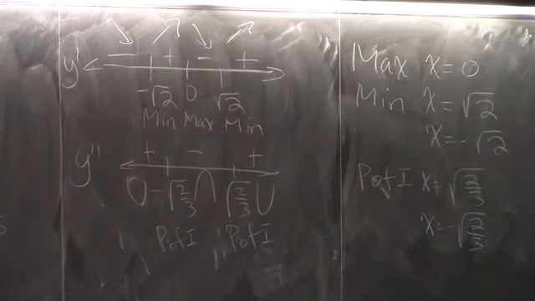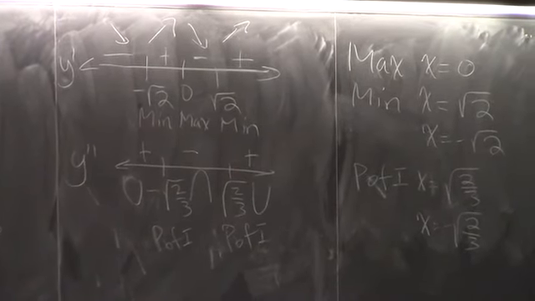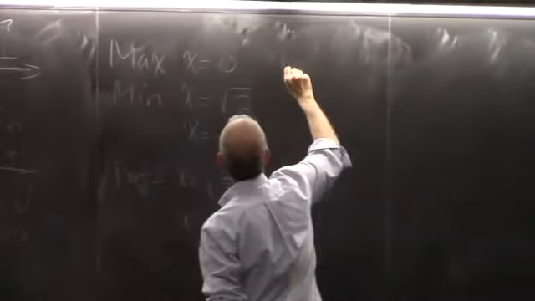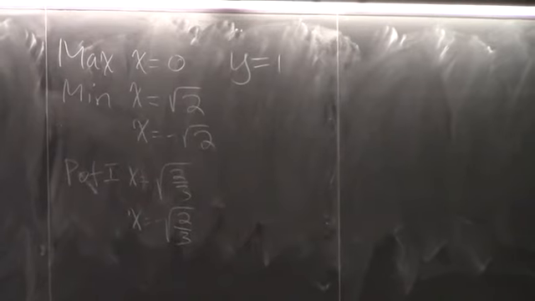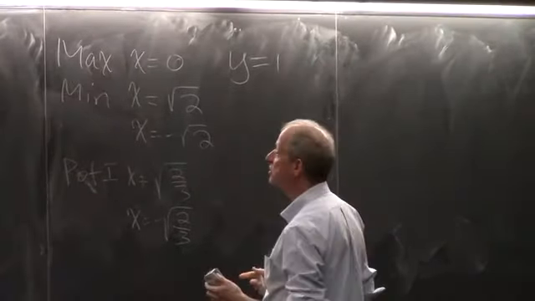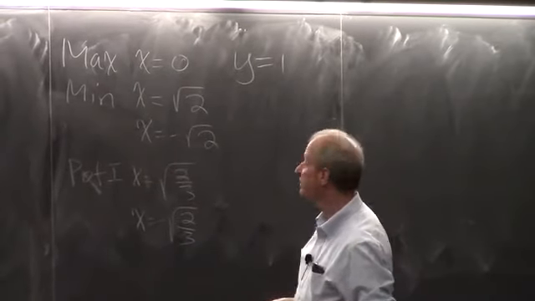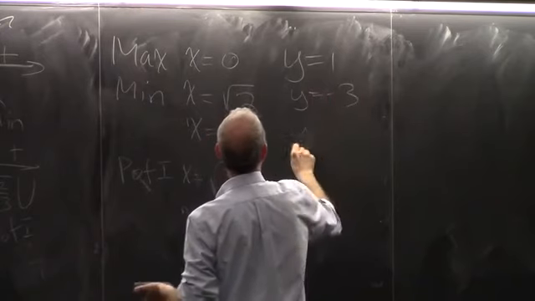Alrighty, now to come up with the y coordinates. Well, squaring these things is easy. When x equals 0, y equals 1. When x equals the square root of 2, square root of 2 to the 4th is 2 squared is 4. Square root of 2 squared is 2, so you get 4 minus 8 is minus 4, plus 1 is minus 3. Same here.